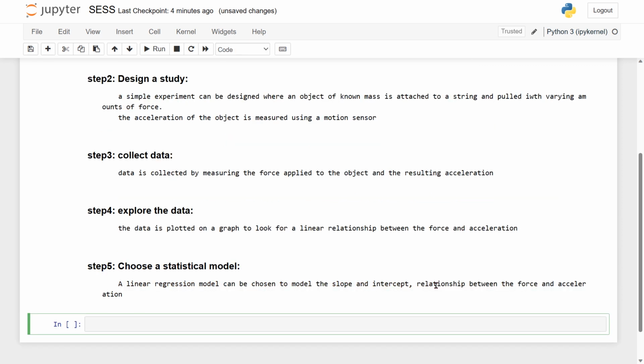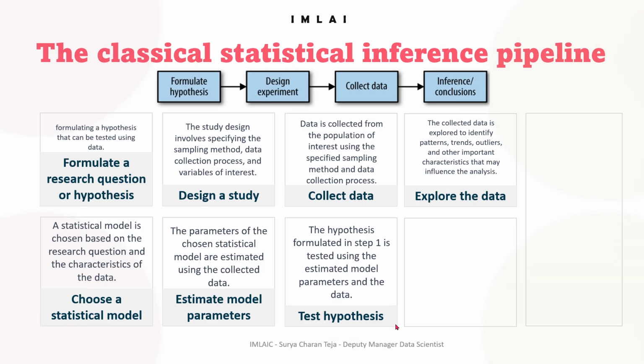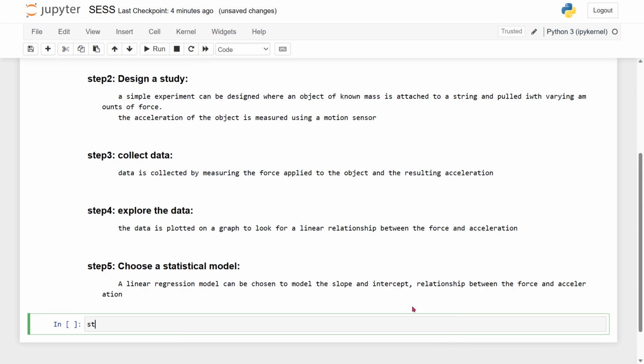Now let's get back to step 6, which is to estimate the model parameters. The parameters of the chosen statistical model are estimated using the collected data.